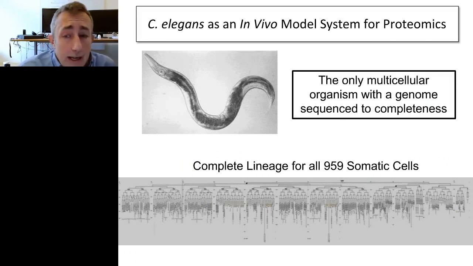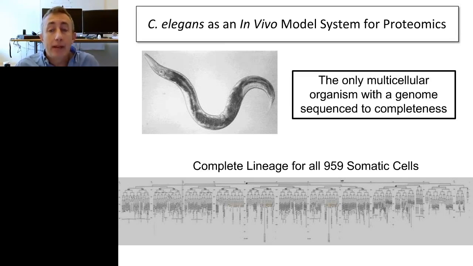Another example of why this isn't very useful: when I started the lab about 11 years ago, we decided to use C. elegans as a model in vivo system for developing technologies. There were a lot of reasons, but some of the main ones were that it was the only multicellular organism with a genome sequenced to completeness at the time.